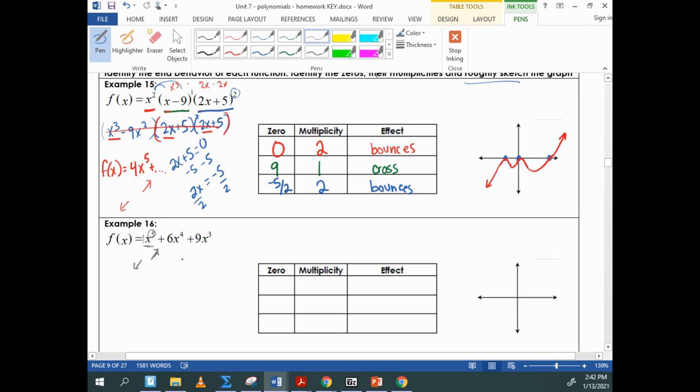So we're going to do this by factoring. What is your greatest common factor between all three of these? Well, you could factor out an x to the 3rd. And I'm left with an x squared plus 6x plus 9 right there. And you can factor this one more time, x to the 3rd. This is going to be what two numbers multiply to 9 and add to 6?